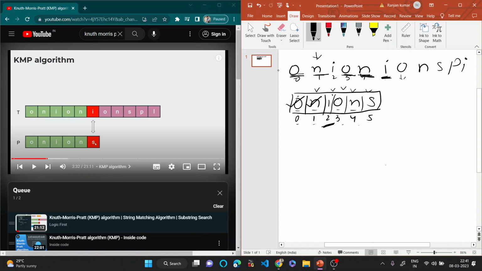And there is no case where it is futile to compare the rest of the characters.